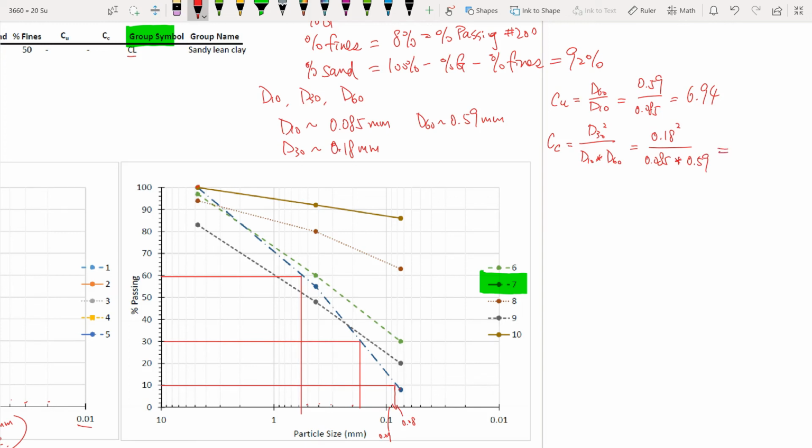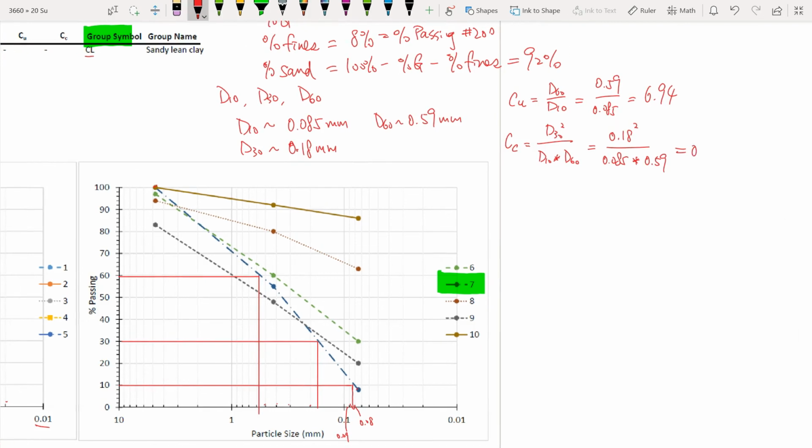If we do our math here, we get 0.646. Let me double check one more time.